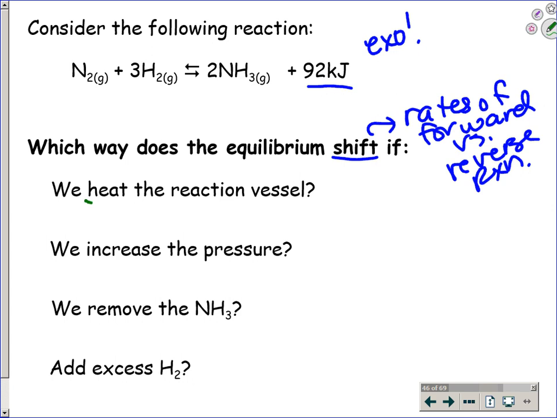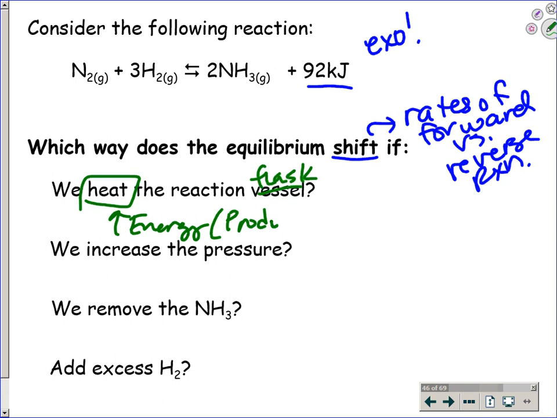If we heat the vessel, the test tube or the flask or whatever it's happening in, here's the problem. I have now incorporated more heat or energy than I should have. So I've increased energy. Well, where is energy? Is it a reactant or is it a product? It's a product, right?